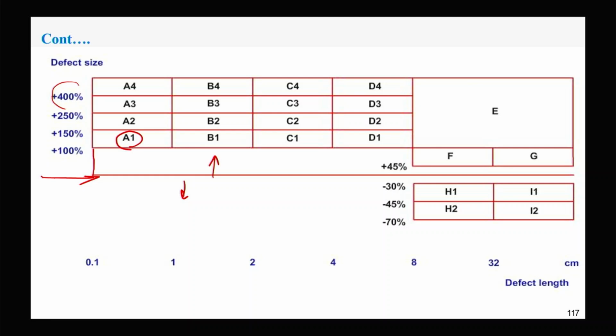When it's more than 150 and less than 250%, it is classified as group 2, the second group. Between 250 and 400 it's group 3, and above 400 group 4.